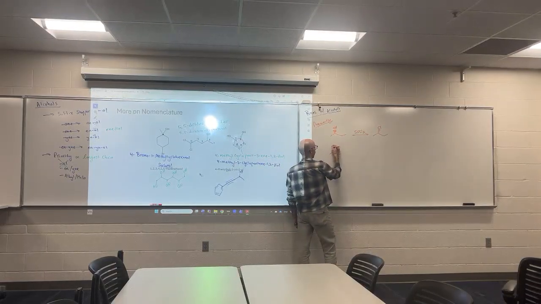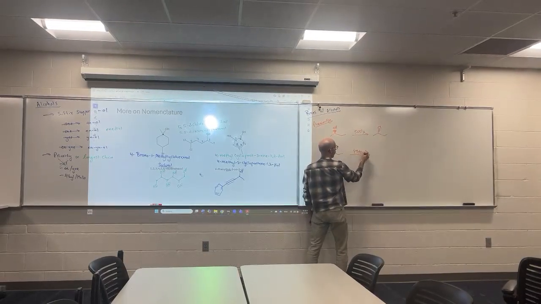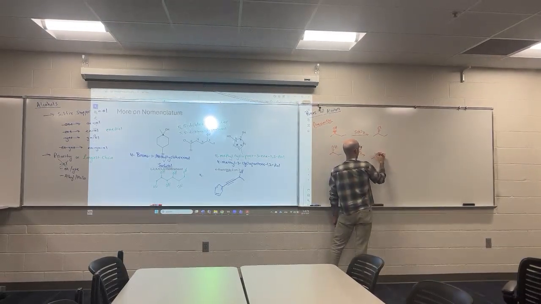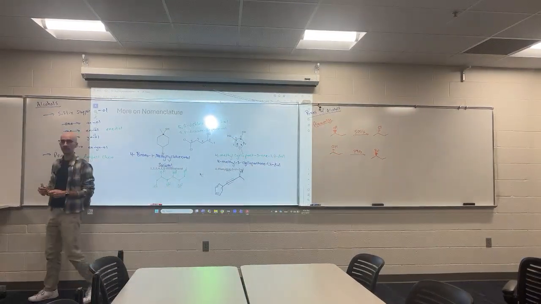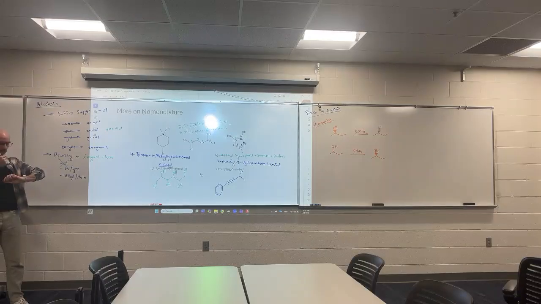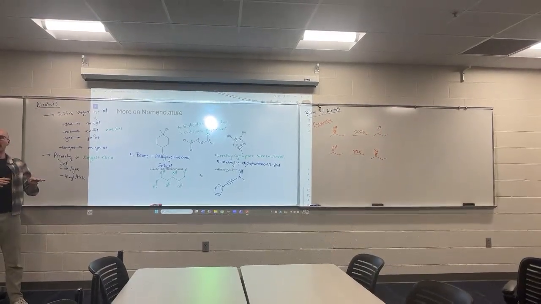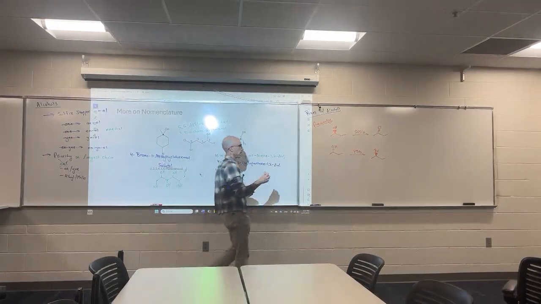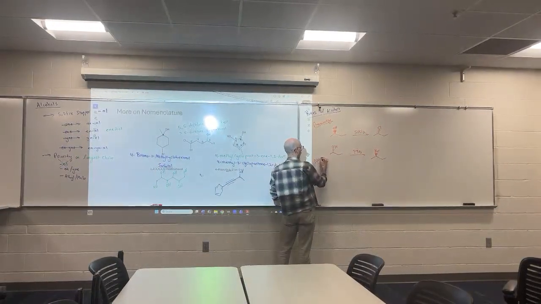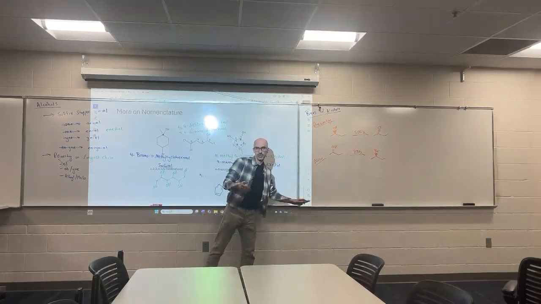And we can take an alcohol and react it with phosphorus tribromide. In the same way, we can substitute for a bromine and invert the stereochemistry. So we have already seen substitution reactions with alcohols. I want to show you a few more substitution reactions.